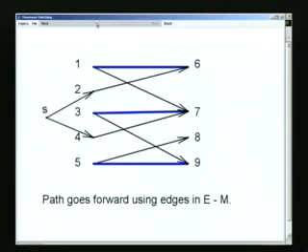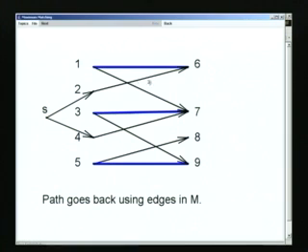So a natural way of doing that is to direct these edges in the forward direction. Every time we grow the paths, the edges which are not in the matching will be used only in the forward direction, if at all. We put a direction on them, so that forces the search to use them only in the forward direction.